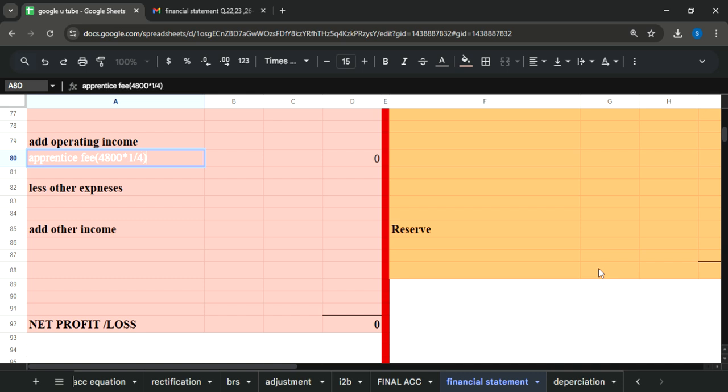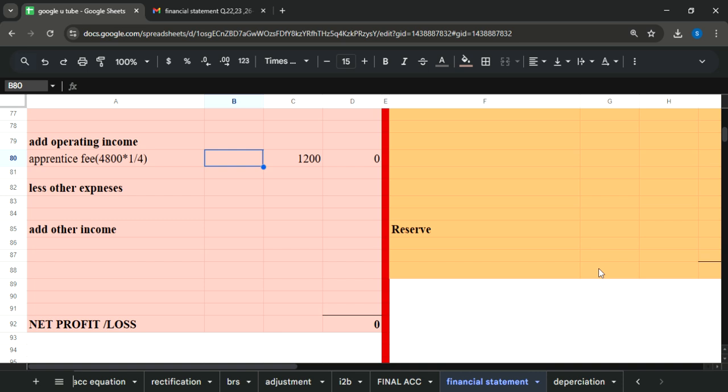With this way this apprentice fees will be adjusted. 4800 is what? The amount of fee, and then you will take 1/4 part and this would be written in operating income side.